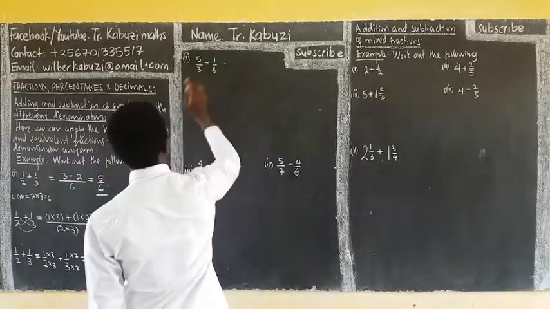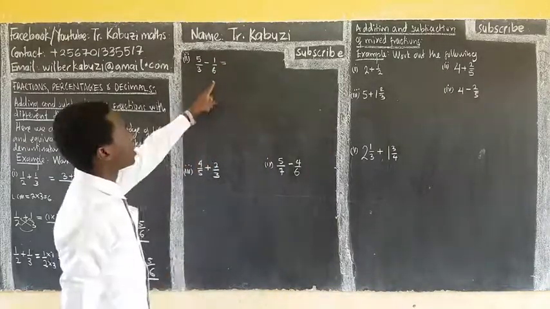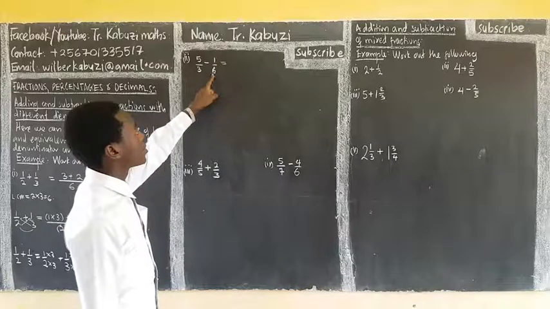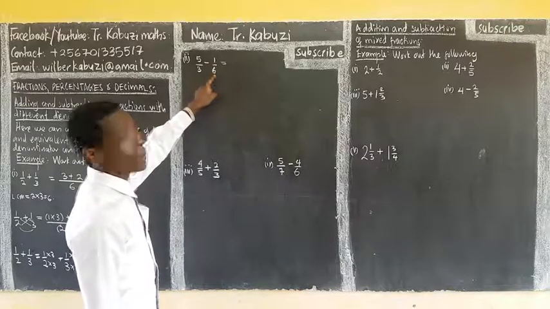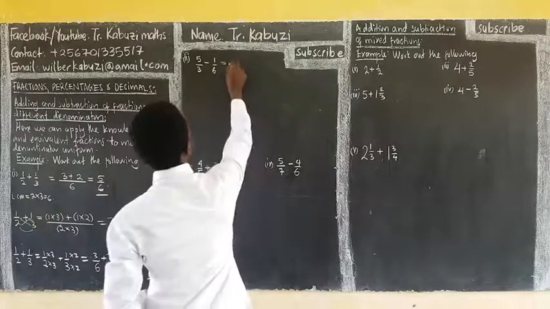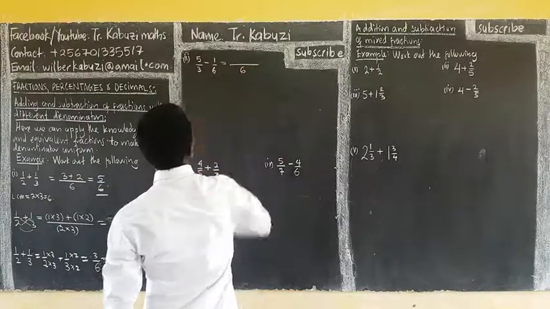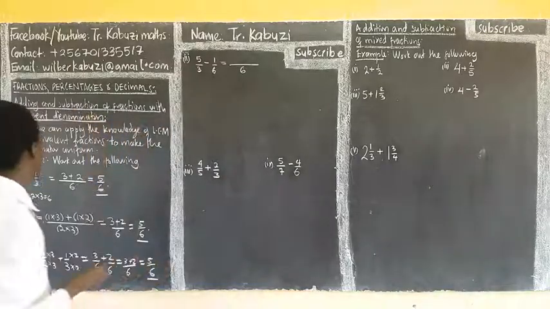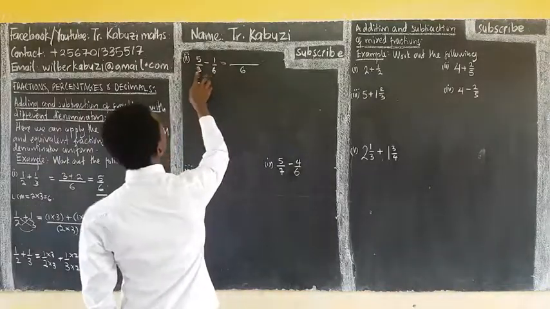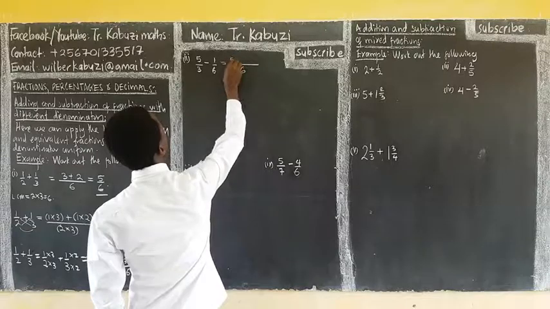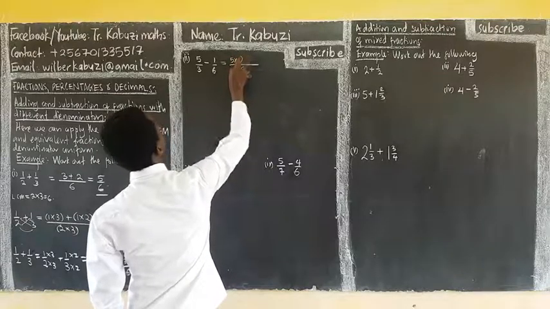This one is contained in here because 6 is 3 times 2. So 3 is inside, and our LCM there is going to be 6. 3 goes here 2 times, then 2 times 5, you get 10.